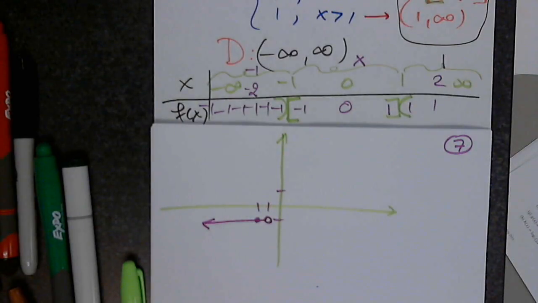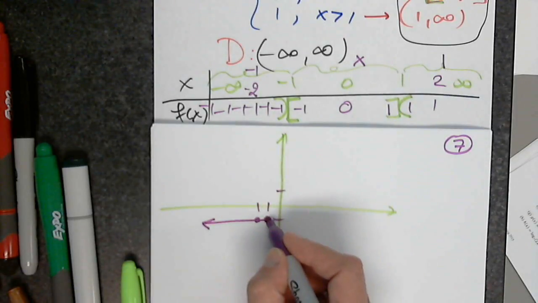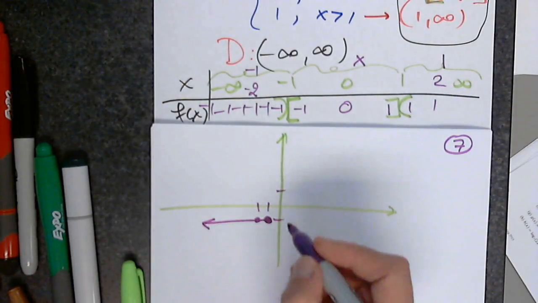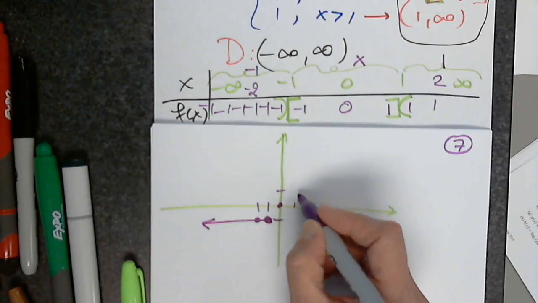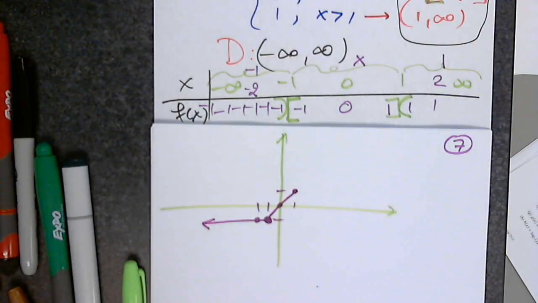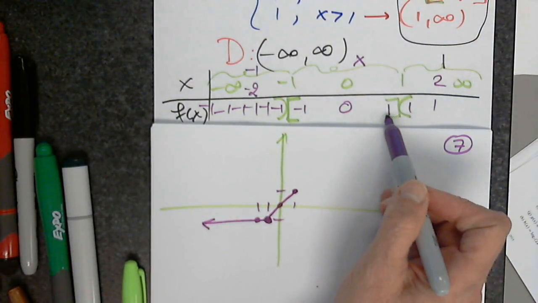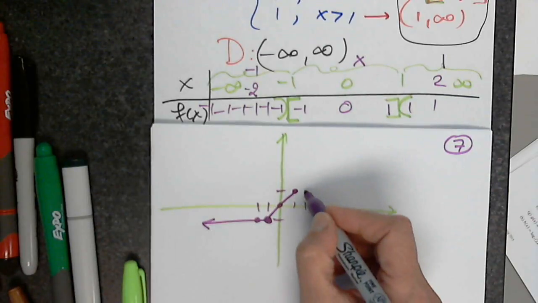And that's it. However, now I have to fill it in because I started at the same point. So I have to fill this in. 0, 0, 1, 1. Full point. And then 1, 1 starts at the same point. These numbers are the same. There is no gap here. And then 2, 1.